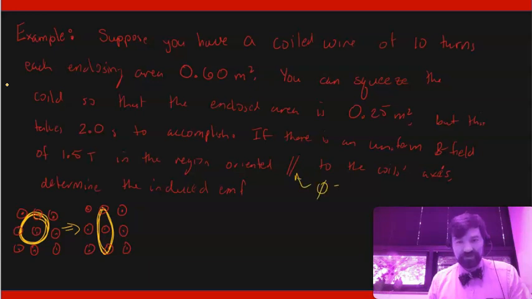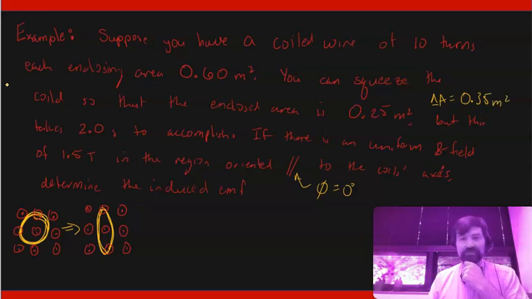So phi is 0 degrees. Delta A is 0.35 meters squared. That's 0.6 minus 0.25. Or we could maybe say it's negative 0.35 since we started big and ended small. Delta time in this case is 2 seconds, and our magnetic field is 1.5 Tesla.